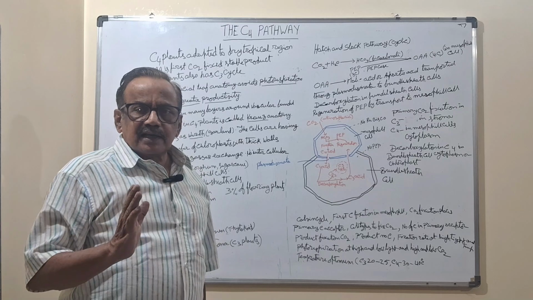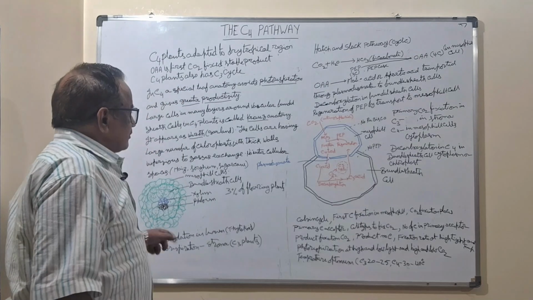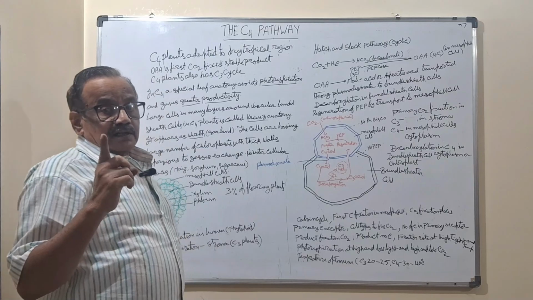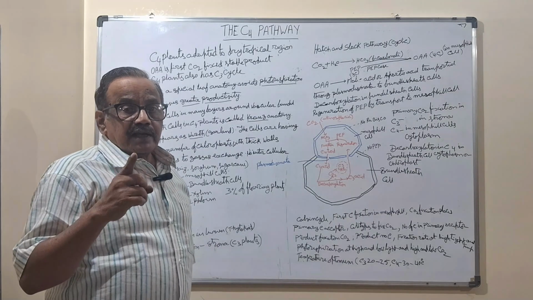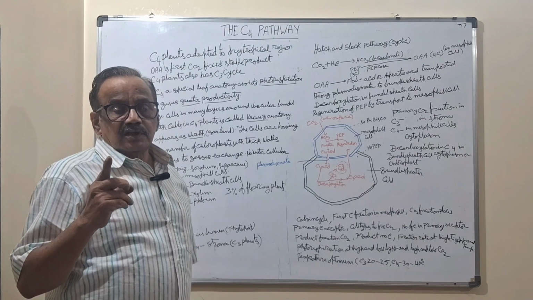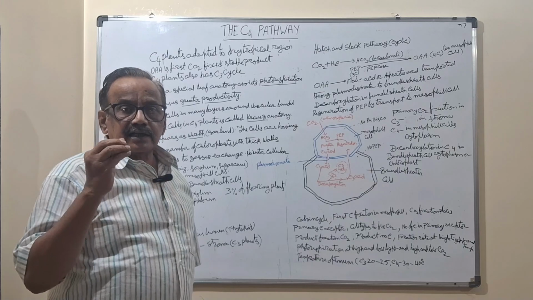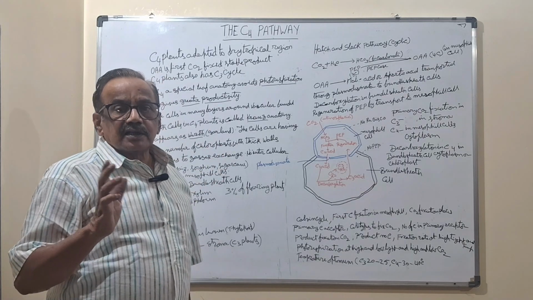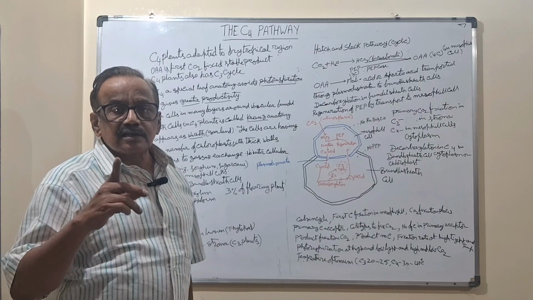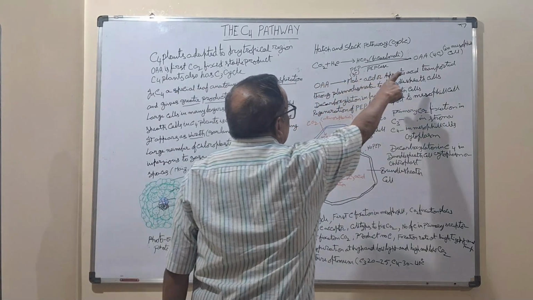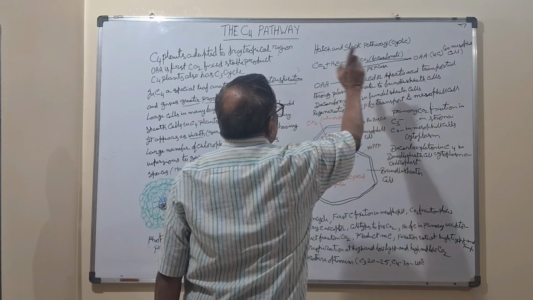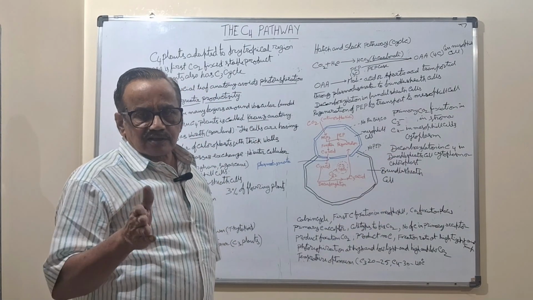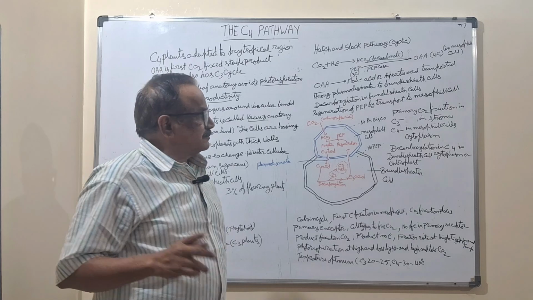One more important thing: the primary acceptor of carbon dioxide in the mesophyll cells of the C4 plants is PEP, phosphoenol pyruvate. It also came in glycolysis; I will tell about that again.